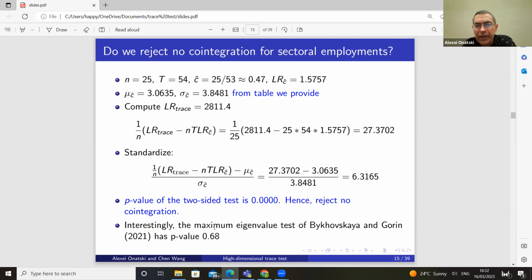This is related to the fact that the ratio of n to t is pretty close to 0.5 in this particular context. But the trace test works here. Again, one more time I stress, it's not intended as criticism of their test, because for most data sets it will work extremely well. But for this particular situation, it doesn't.